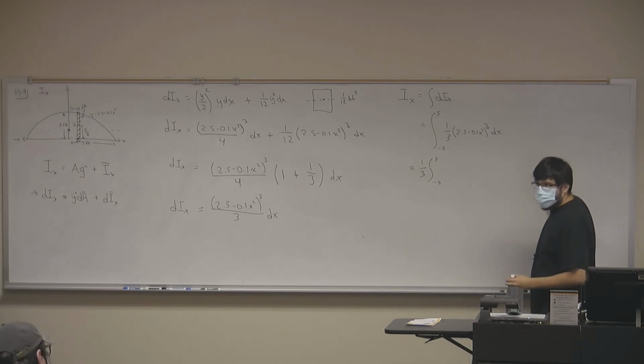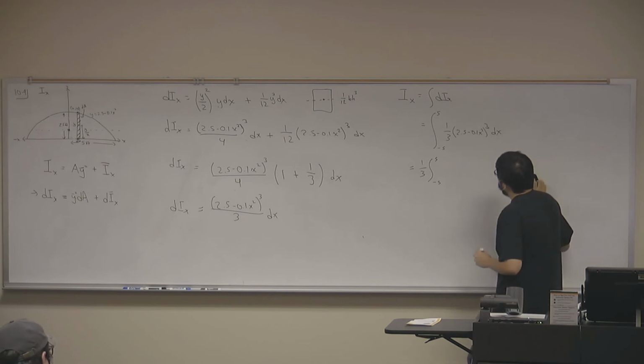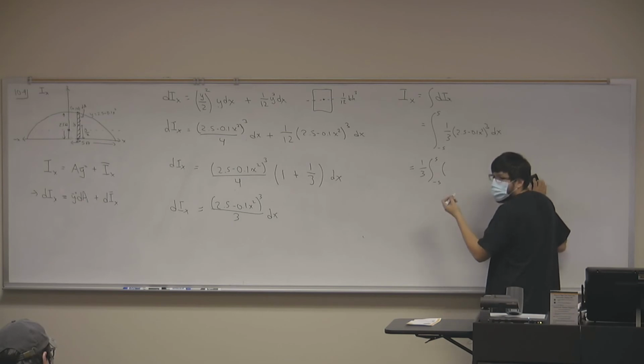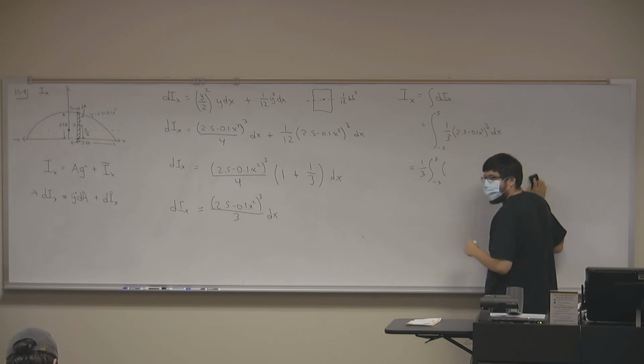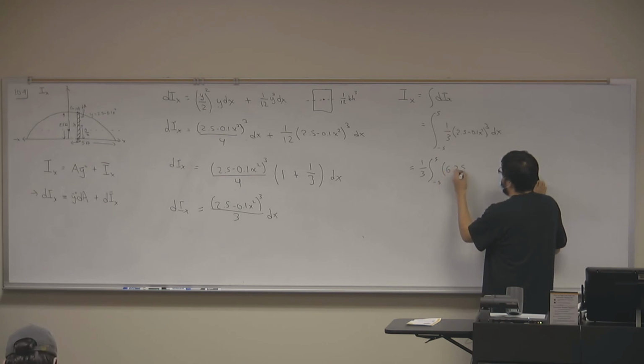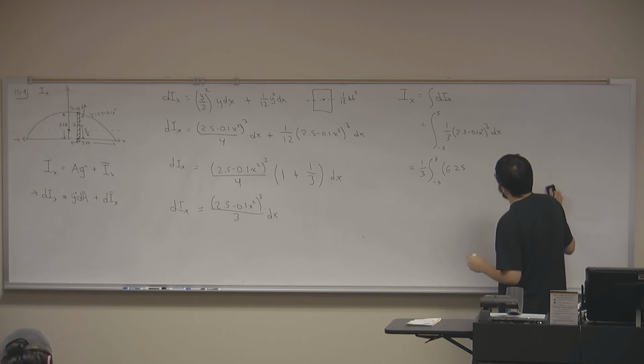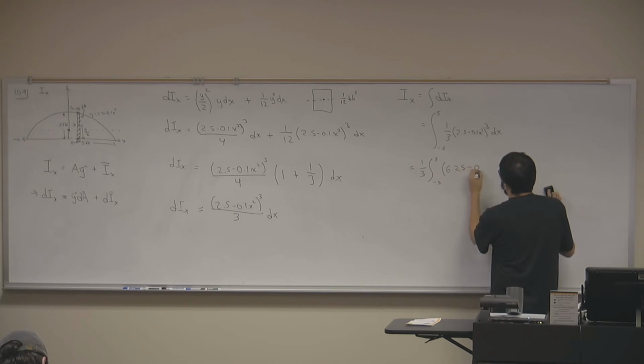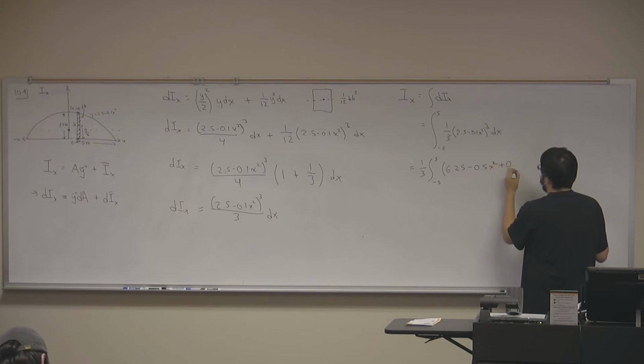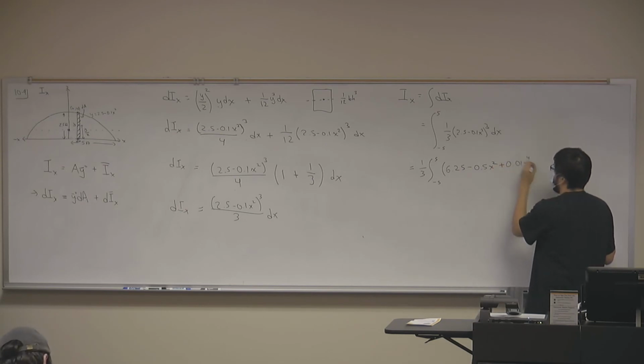All right, 2.5 times 2.5. 6.25? I don't know, I'm honestly asking. 6.25. Okay, all right, 6.25. 2.5 times -0.1 is -0.25, minus 0.25 is -0.5, right? -0.5 x squared plus 0.01 x to the power of 4.